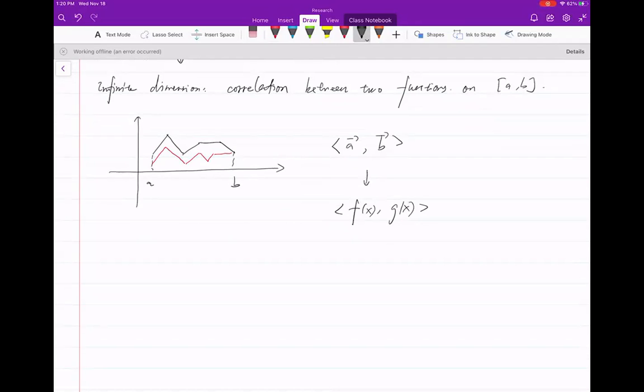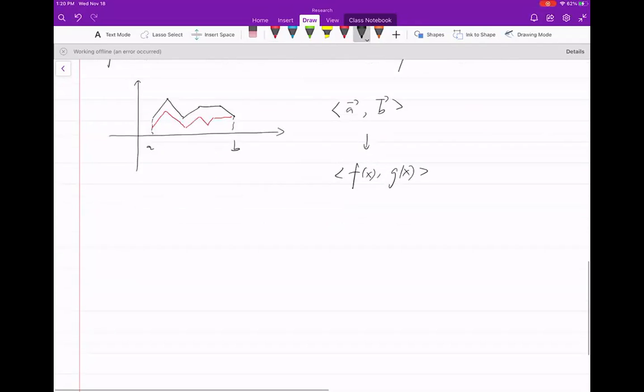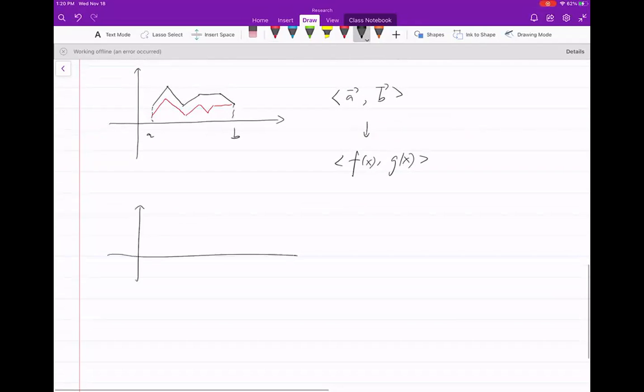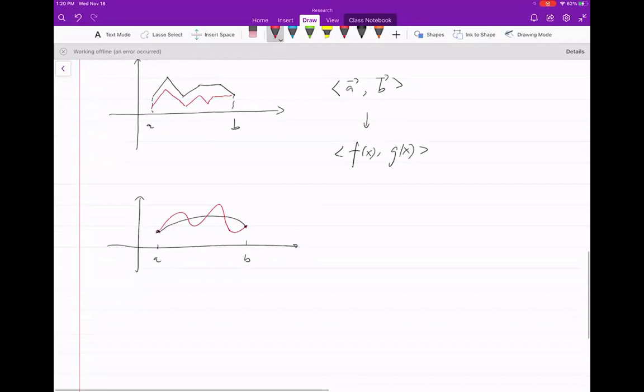Sounds good? All right. How do we do it if you have two functions? You want to check the correlation between them. Well, I don't know about continuous functions, but I do know about discrete values. So the first thing you can do is sample the points. You can sample the points here, here, and here.